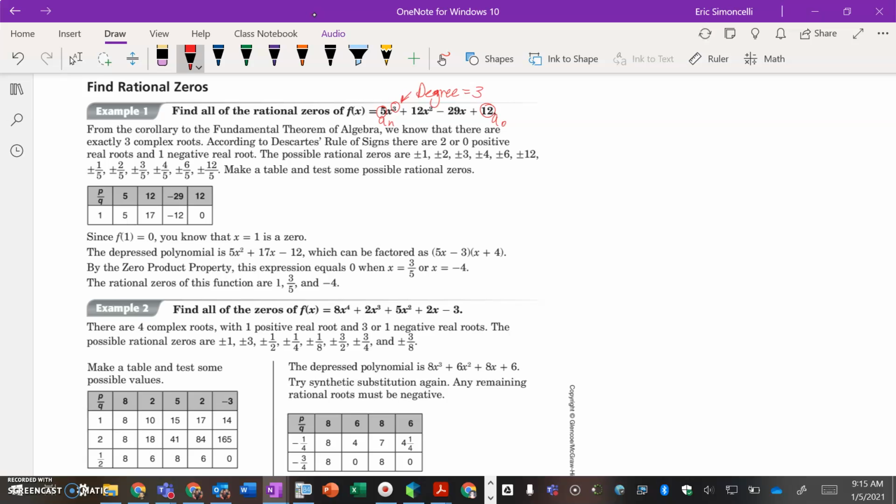We are not going to use Descartes' rule of signs here, but because we have 3 roots that we're striving for, and also because we've got our P over Q taking shape as such, we've got plus or minus 1, plus or minus 2, 3, 4, 6, and 12, but also we have plus or minus 1/5, 2/5, 3/5, 4/5, 6/5, and 12/5, again dividing P, the factors of A sub 0, over Q, the factors of A sub n.